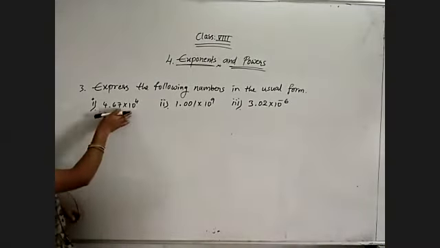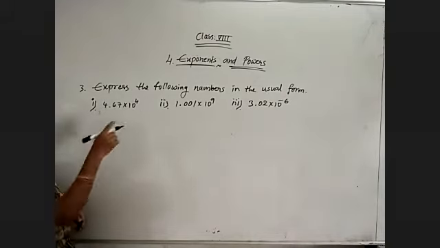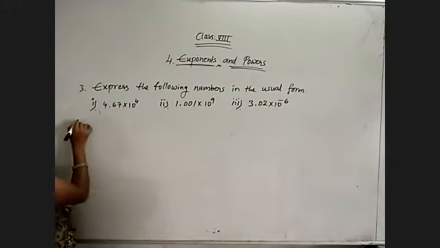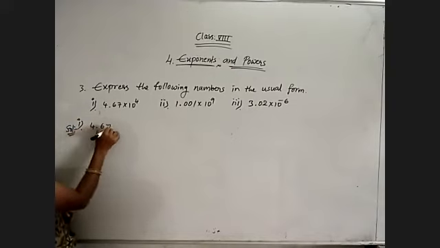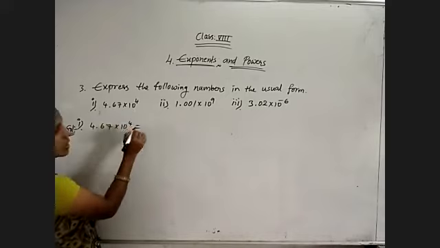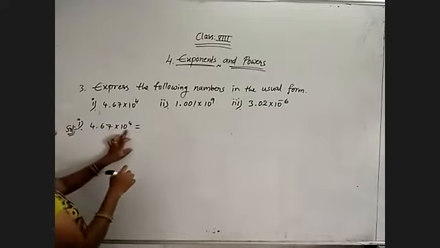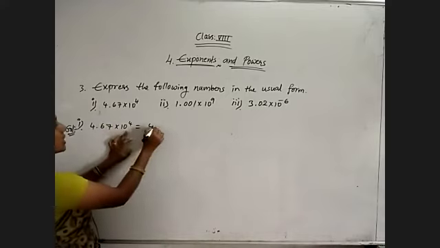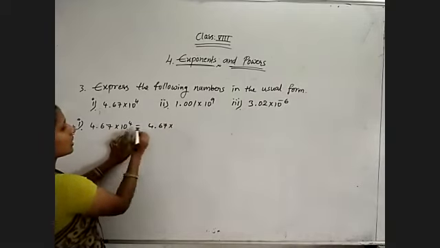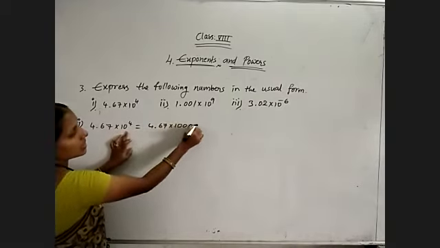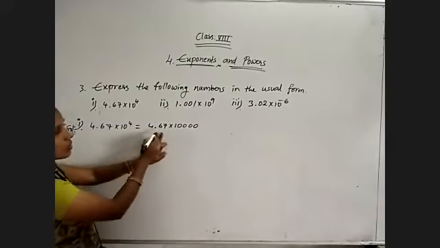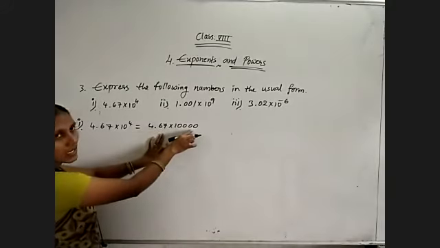These are given in the standard notation. Now we need to convert into product form. So observe the first problem answer. 4.67 into 10 power 4 means 4 zeros we must take. Observe here 2 decimal digits are there, so 2 zeros will get cancelled.